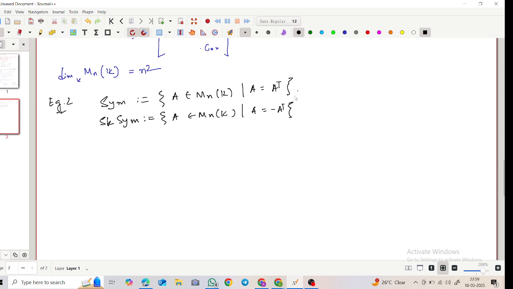Can you tell me about the dimension of these two? First it will be n into n plus 1 by 2, and the other one n into n minus 1 by 2.